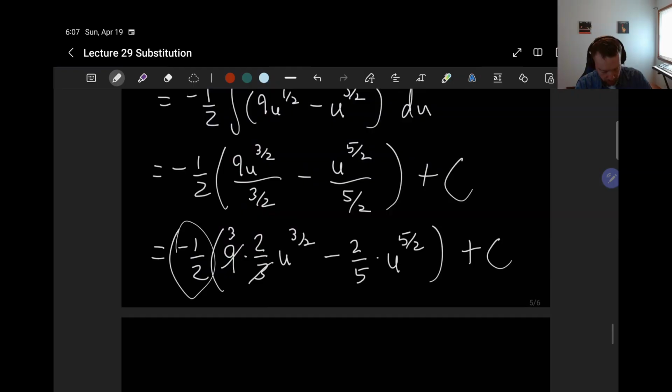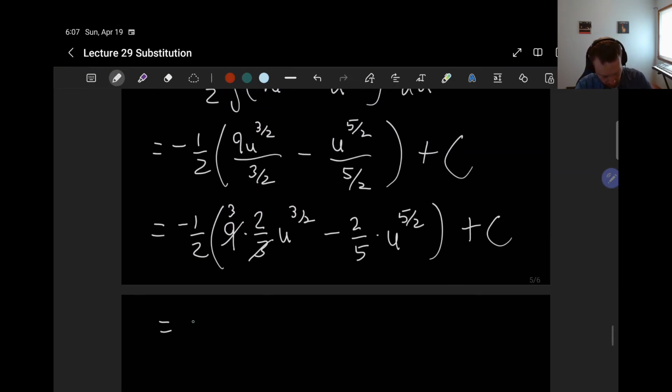Notice when I multiply by this 1/2, it's going to cancel both of those 2's there. So I'll be left with a negative 3, still have this 3 here. So negative 3u to the 3 halves. Now I've got a double negative here, and the 2's cancel. That'll be a plus 1/5 u to the 5 halves plus c.